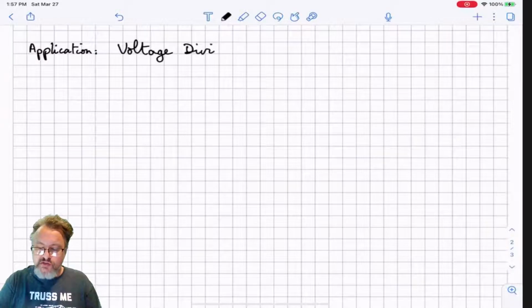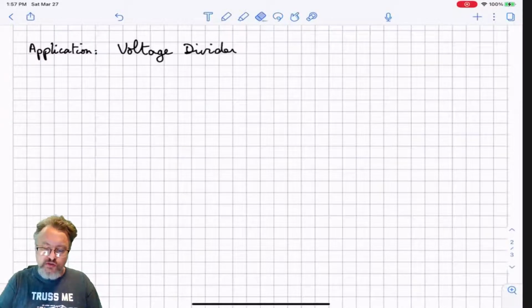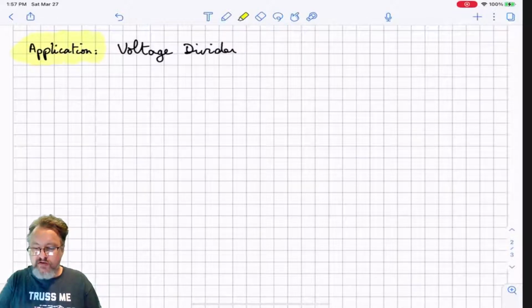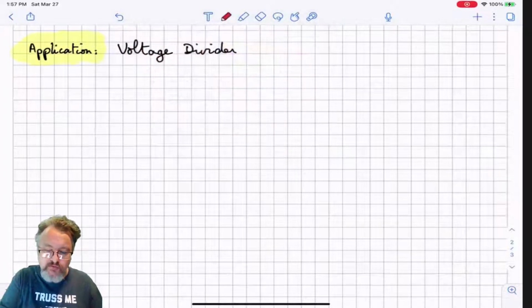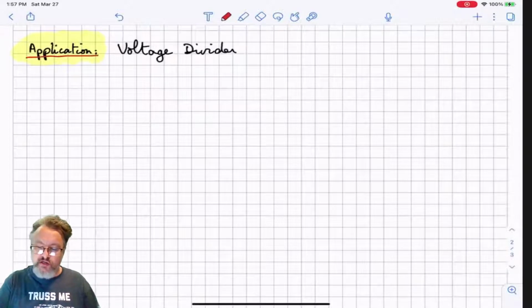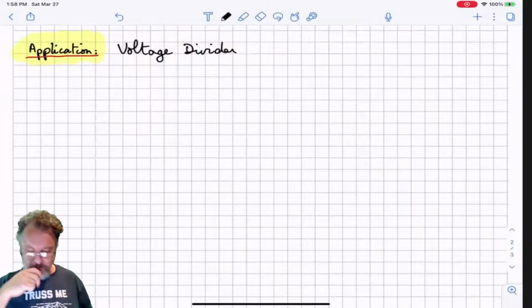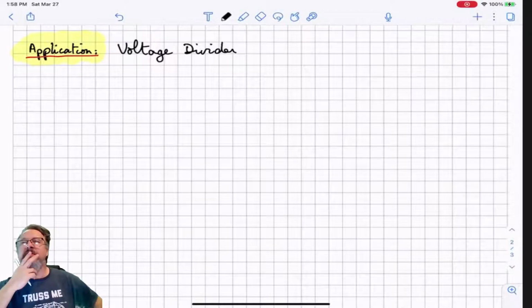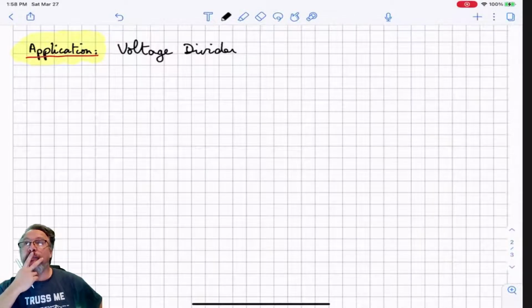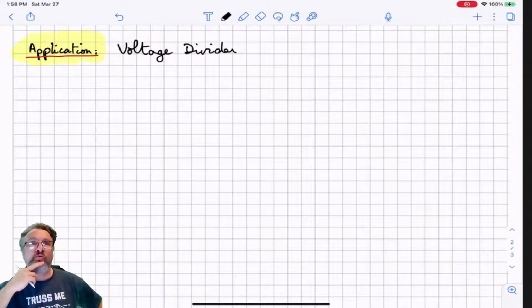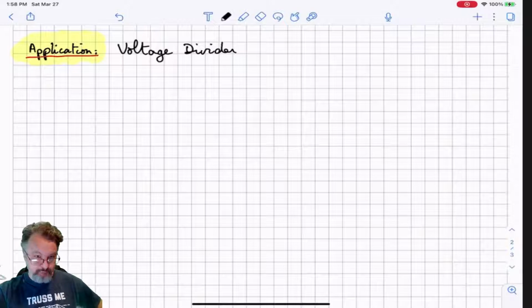Before I show you the work involving the voltage divider, I want to tell you what a voltage divider does and why it's important to know about it. Let's imagine that I'm going to build a circuit that controls a 12-volt motor.